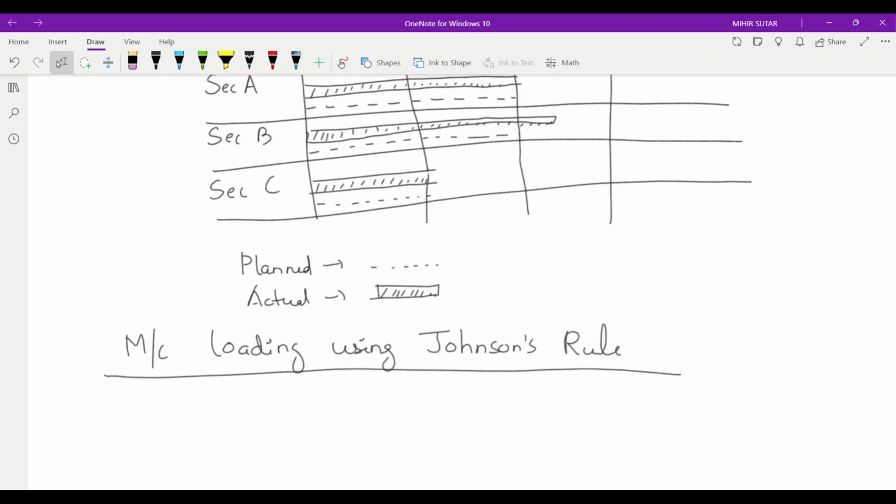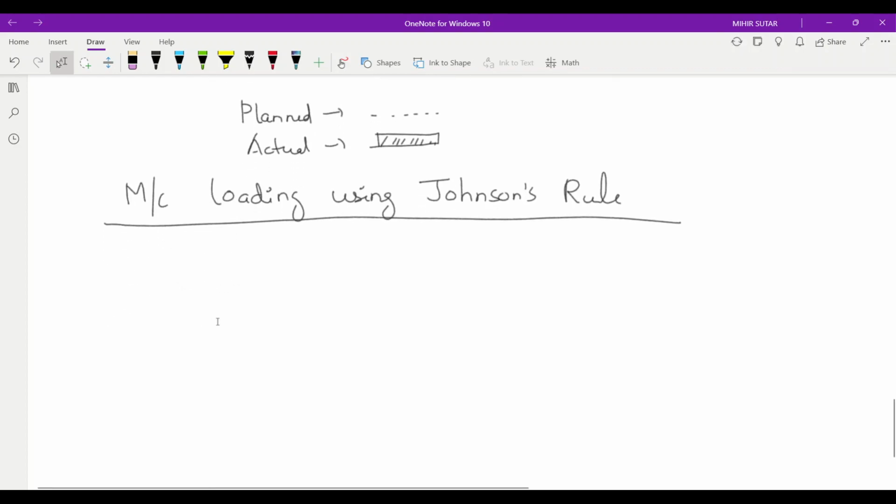Now you know that one part has to be processed through many machines. Johnson has developed one rule so that you can know which machine the part should be processed through and in which sequence the work should be done. So you know the term loading that I have used.